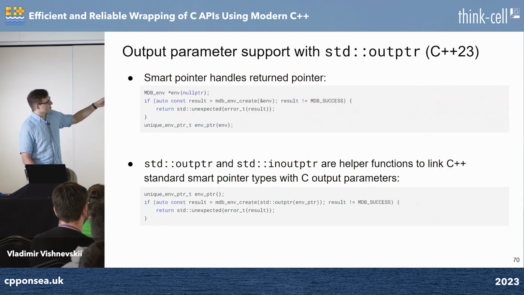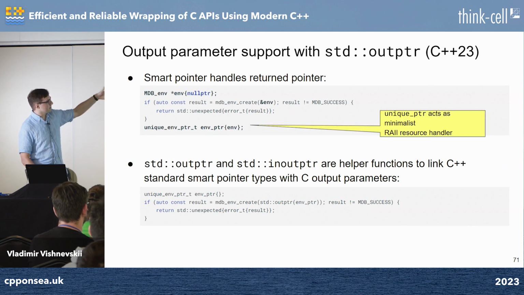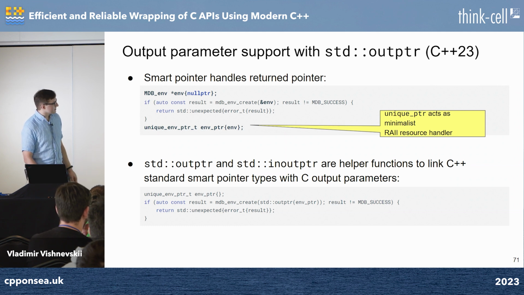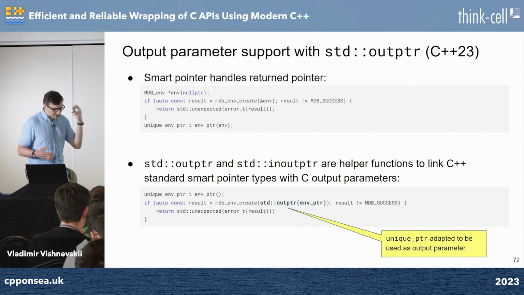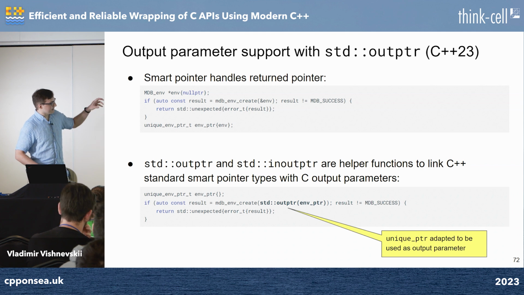How does it work? Generally we just take the LMDB pointer, provide it into the function, and then create our handler providing the pointer there. C++23 now has some helpers for this. There is the function std::out_ptr, that returns a helper type that is compatible with a pointer to pointer, and it will be used within the function.